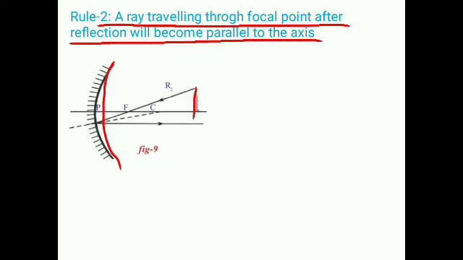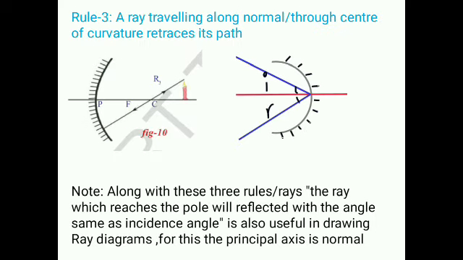R2 is a ray traveling through focal point. After reflection, it will become parallel to the principal axis. So, a ray traveling through focal point after reflection will become parallel to the axis.